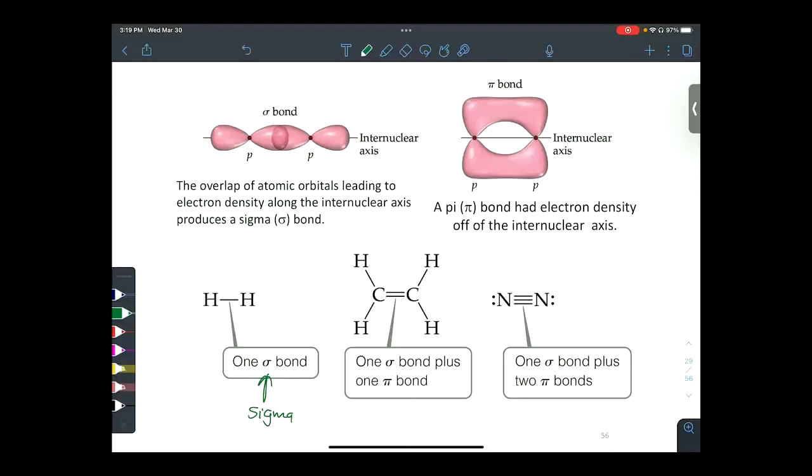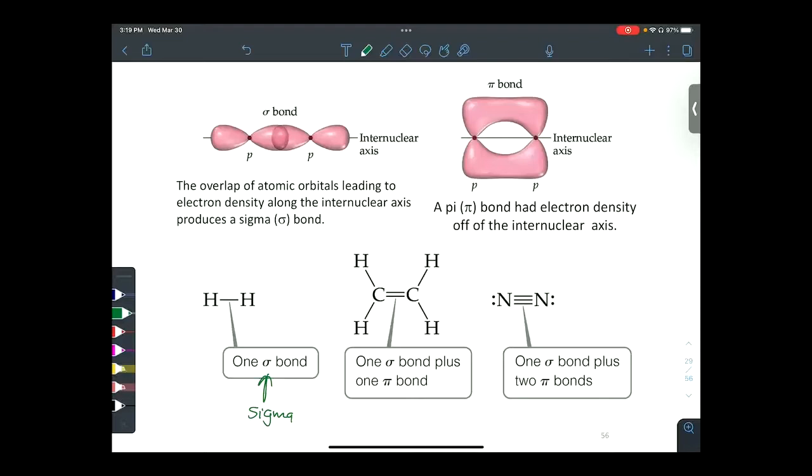What is the orientation of them? Do the orbitals overlap with a head-on type of overlap, or do they overlap side by side? And so those ideas give us different degrees of overlap, different strengths, and so we have different interactions here.